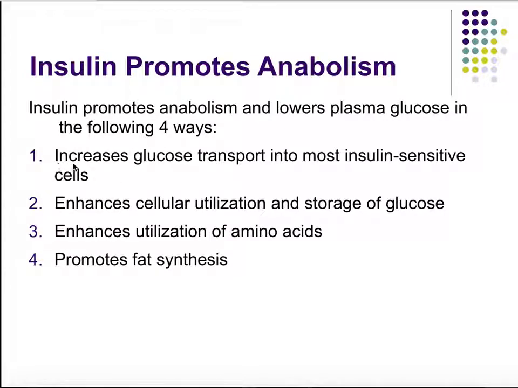Number 1, it increases glucose transport into most insulin-sensitive cells. So a cell is sensitive to insulin if it has the insulin receptor. And so what this is saying is glucose is very large. It has an atomic weight of 180 atomic mass units. So it has to go through a glucose transporter.